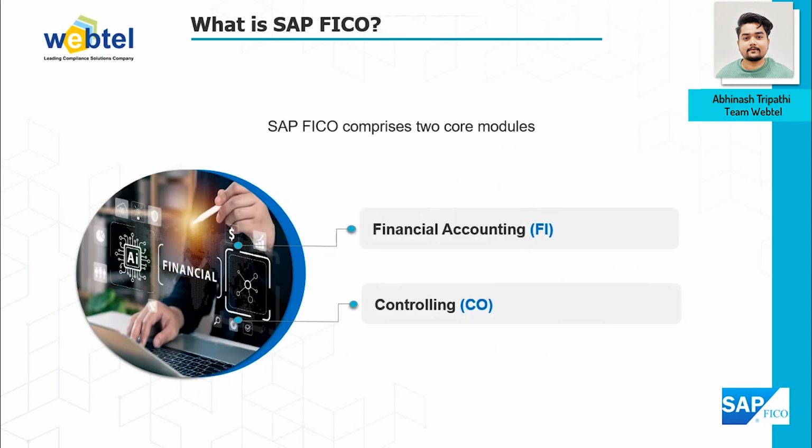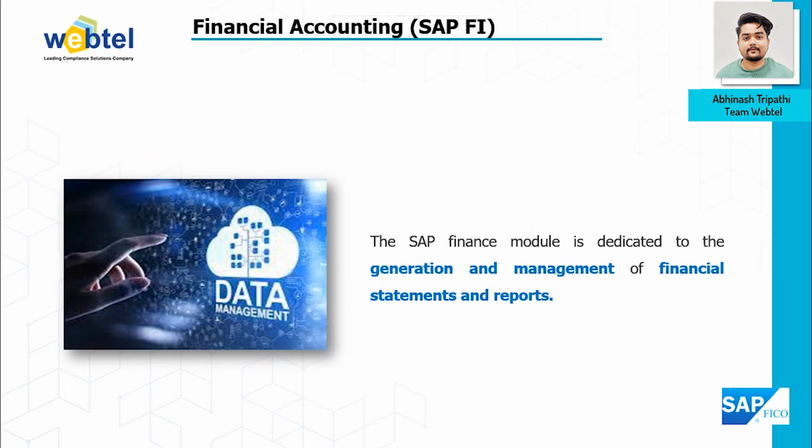What is SAP FICO? SAP FICO comprises two core modules. The first is financial accounting, FI, and the second is controlling. Financial accounting. What is SAP FI?